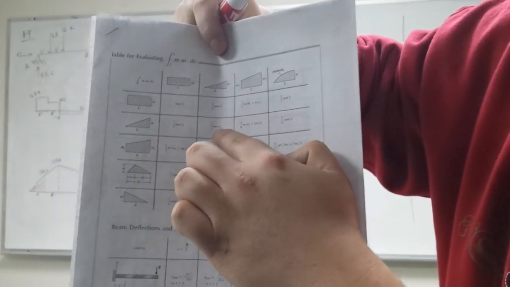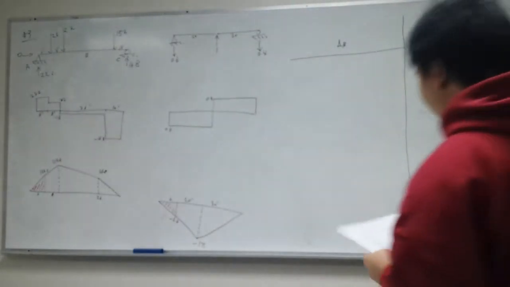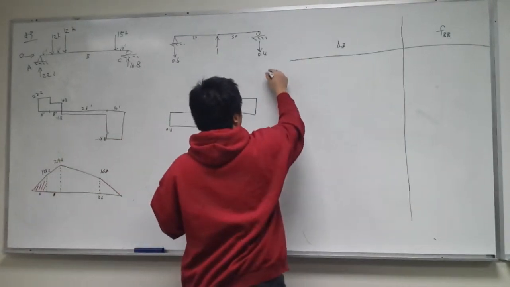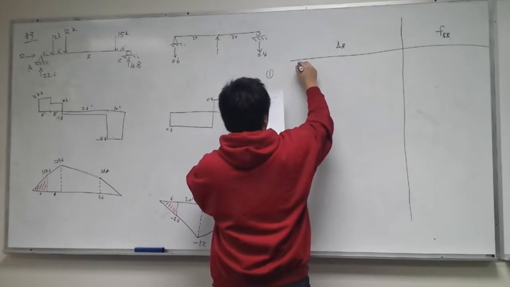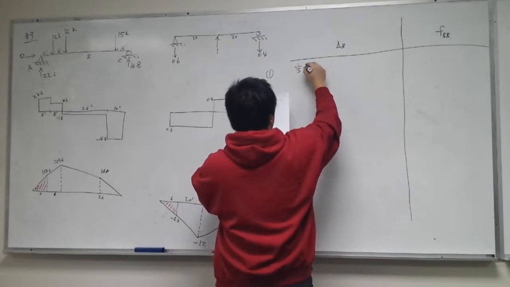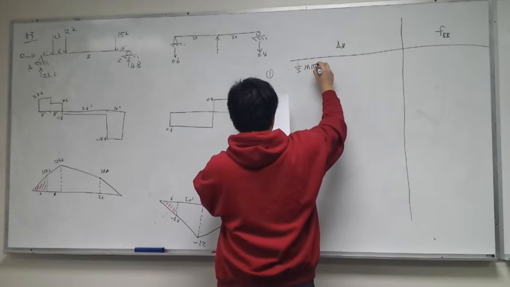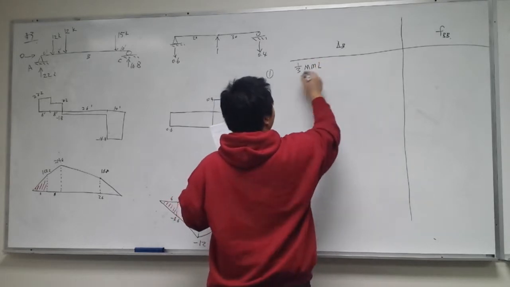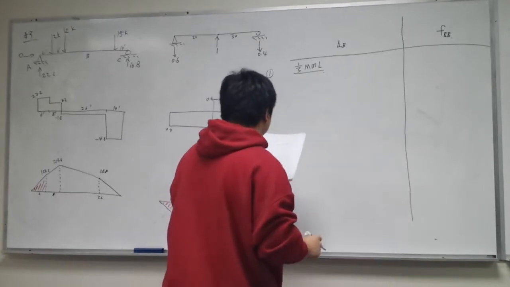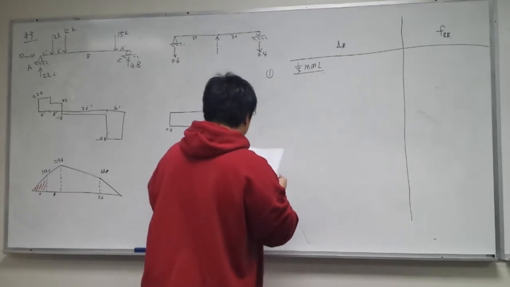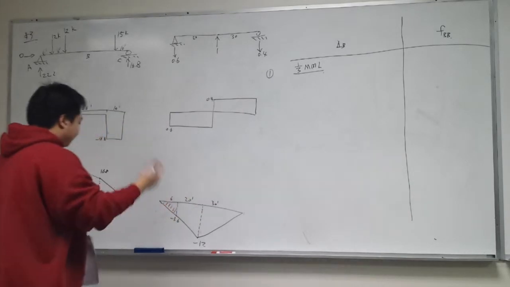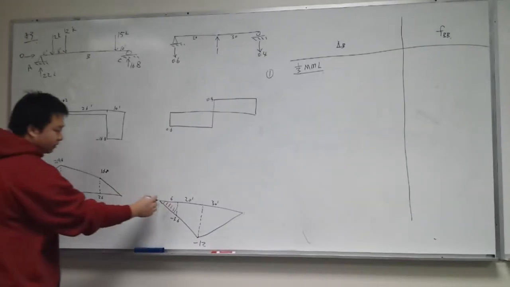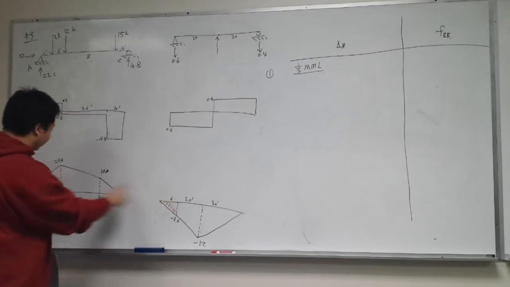So you're going to use this formula: 1 over 3, big M, small m, L. For the L, 6 is your L, because L never changed.